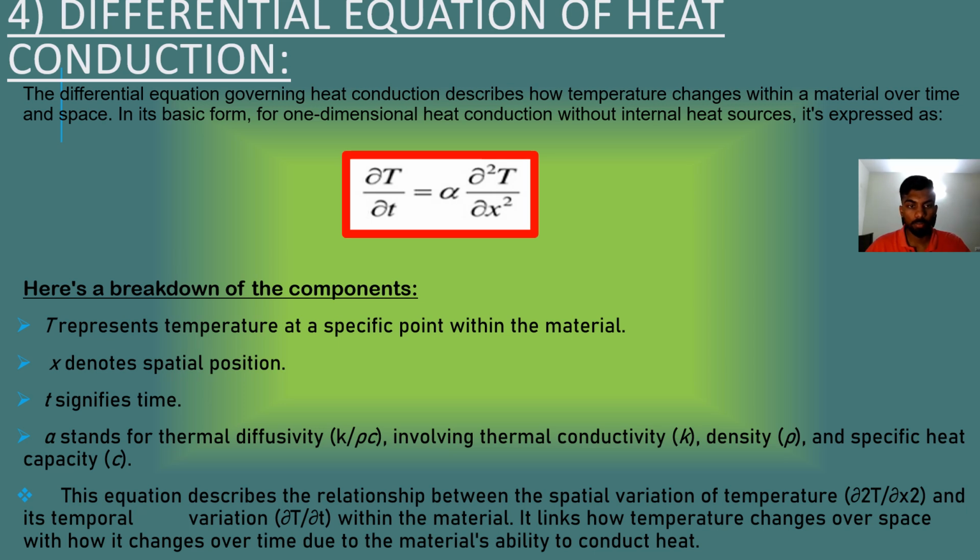Here's the breakdown of the components, where T represents temperature at a specific point within the material, x denotes the spatial position, t signifies time, and α stands for thermal diffusivity involving thermal conductivity k, density ρ, and specific heat capacity c. This equation describes the relation between the spatial variation of temperature and its temporal variation within the material. It links how temperature changes over space with how it changes over time due to the material's ability to conduct heat.